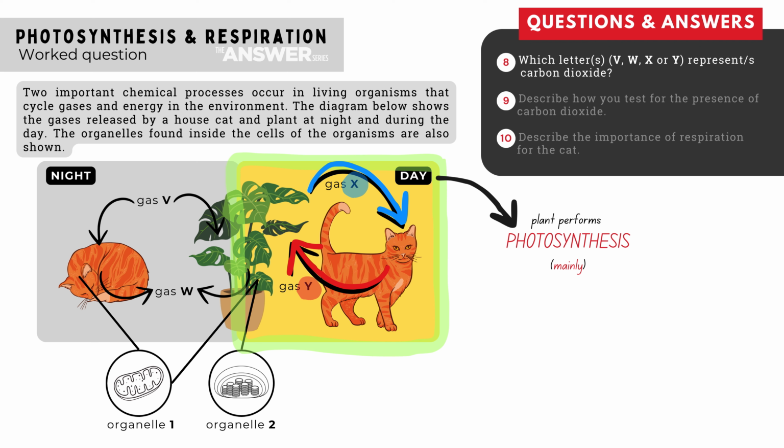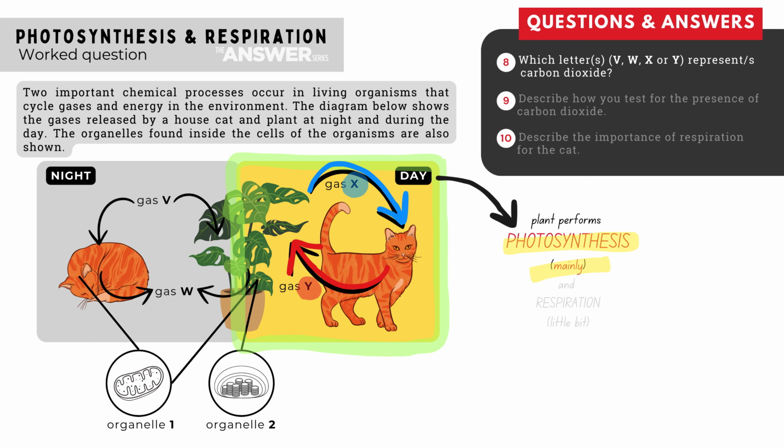Now we just said that photosynthesis occurs during the day. And yes, it's still going to respire, it's still going to perform respiration, but a plant during the day is going to perform a greater amount of photosynthesis than respiration.